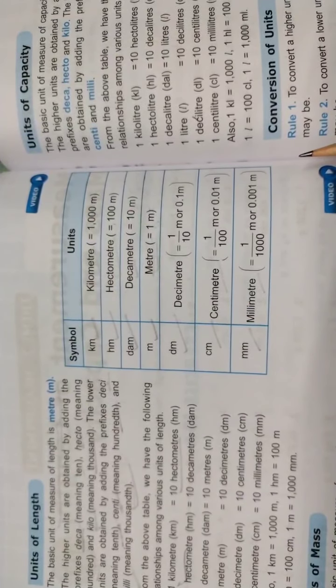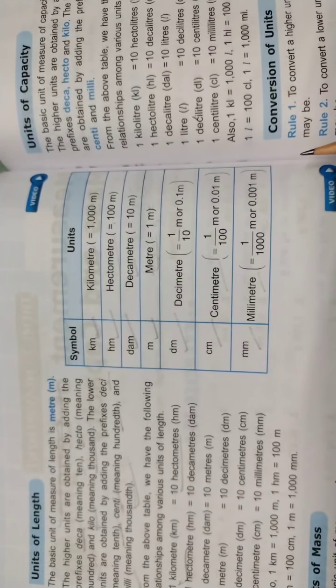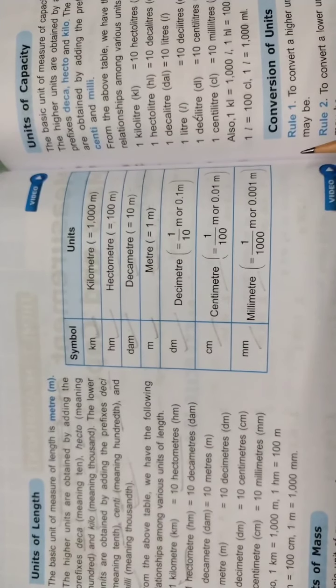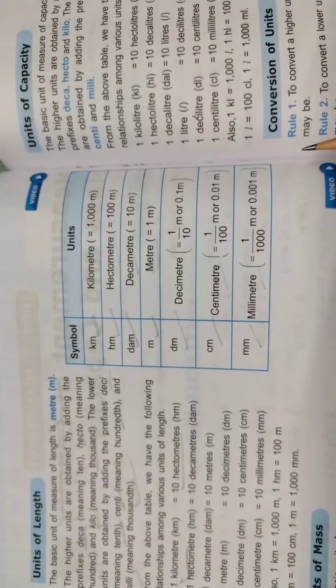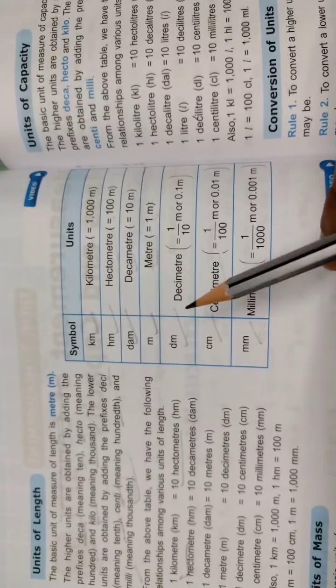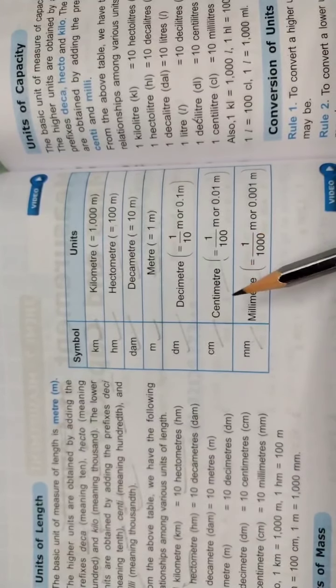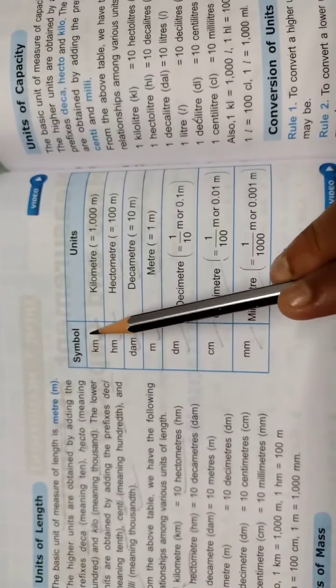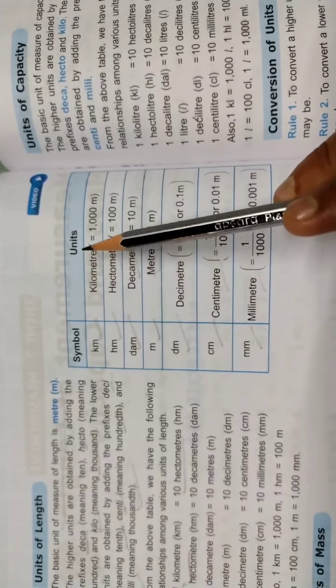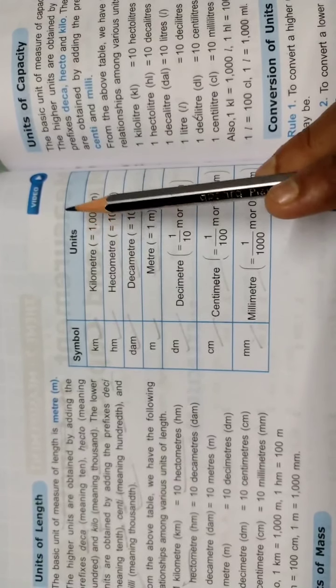Basically it is conversion. You will be asked to convert one unit into another. As you can see in your textbook, on the right hand side one table is there, and on the left hand side of that table there are some symbols and units.